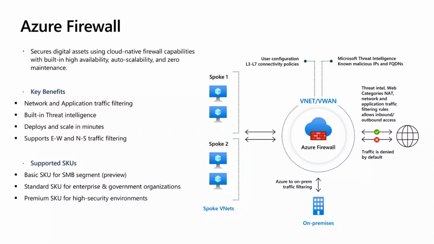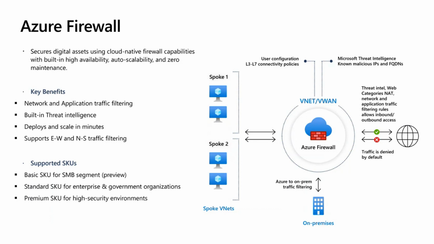It can be deployed across zones to give that redundancy, and then integrates well with other services like DevOps, like monitoring. So the way to manage the firewall is pretty simple. So those are the benefits of cloud native.